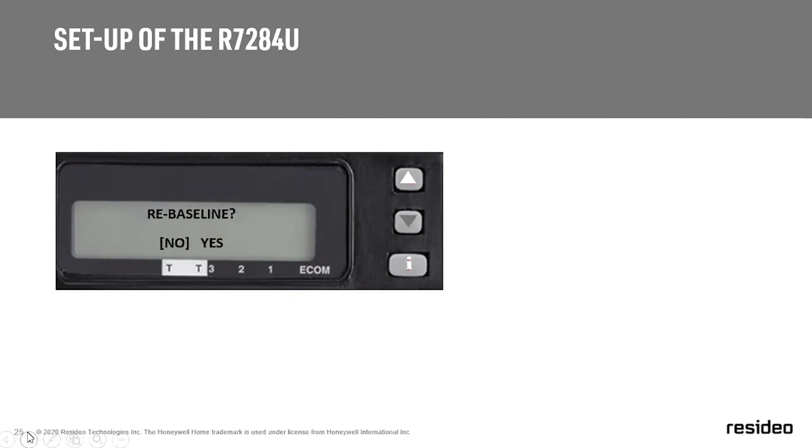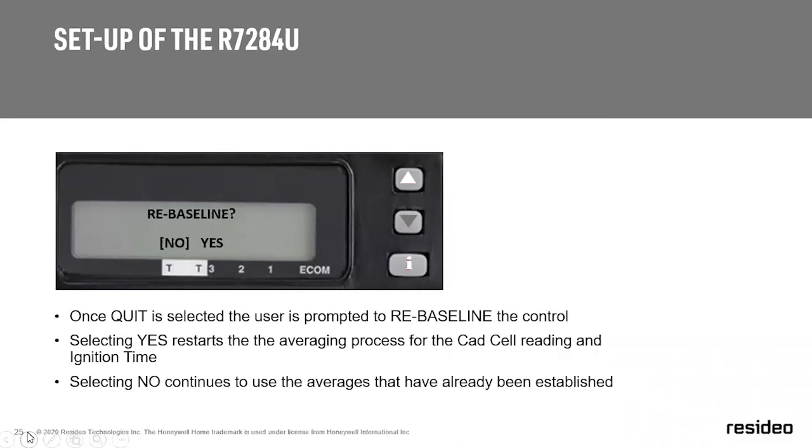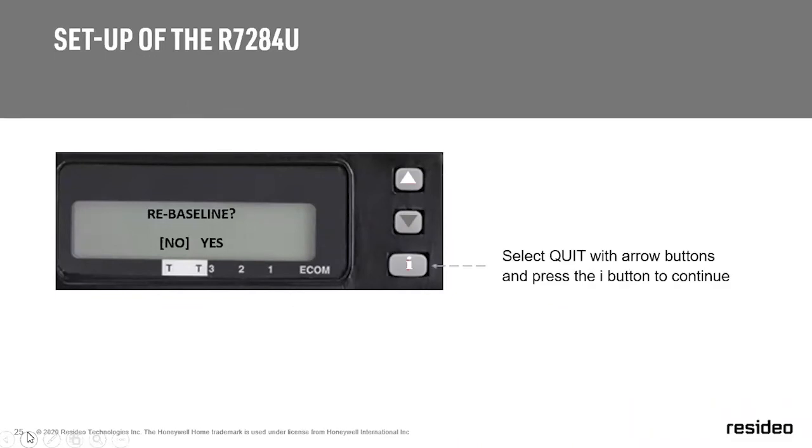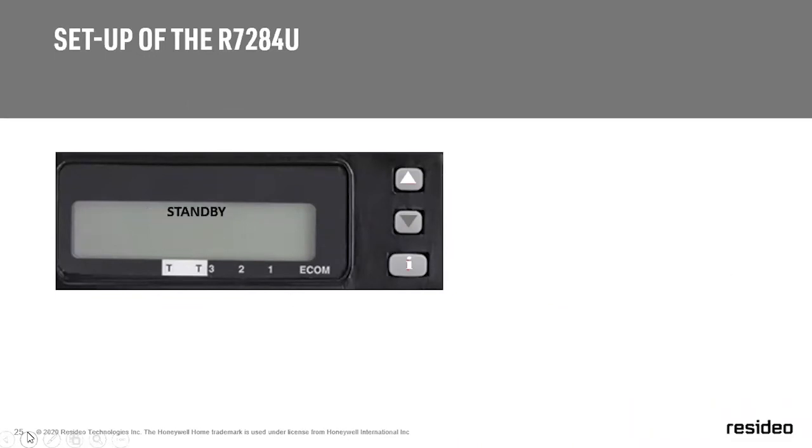When I quit the installer setup, I can re-baseline the control. So let's say I found faults, I fixed them, I can clean it out, and it starts all with a new baseline. And it's starting to log the data all over again. So that's a nice feature to set the control back up and start from square one again.